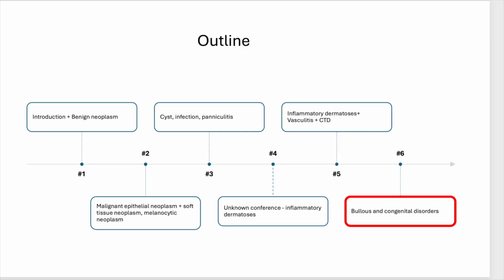That understanding is critical, and once you build it, everything else will fall into place more logically, especially when we tackle complex inflammatory or neoplastic disease later on. So today we will cover some basic histology and work our way through key blistering diseases and congenital disorders, with an emphasis on pattern recognition, clinical relevance, and common board pearls.